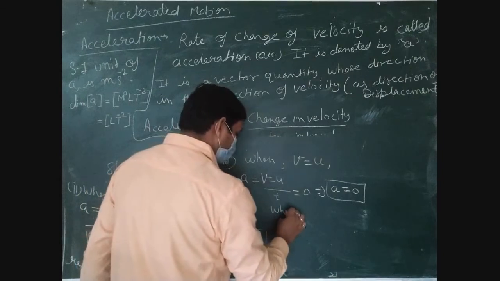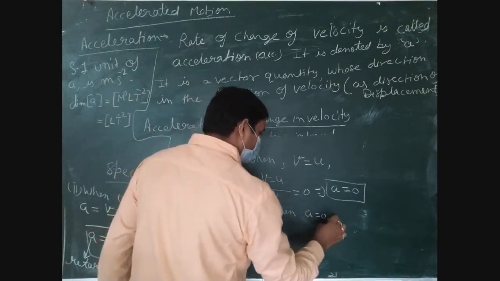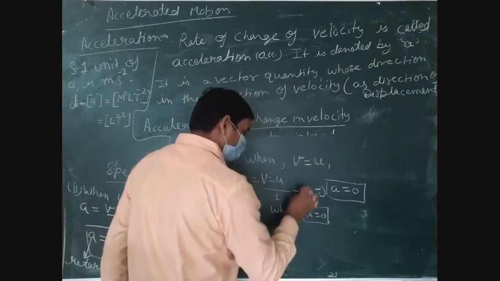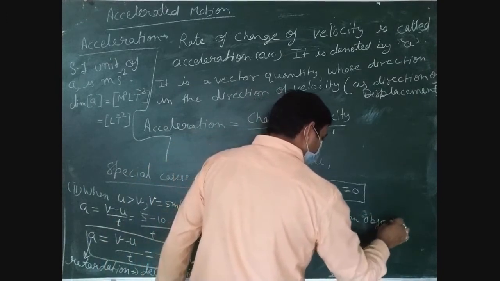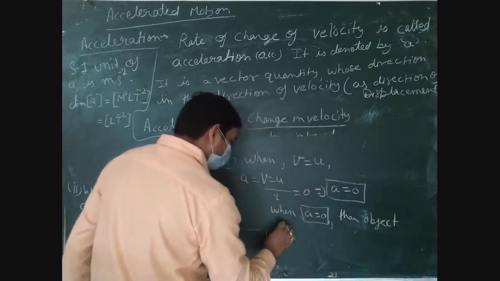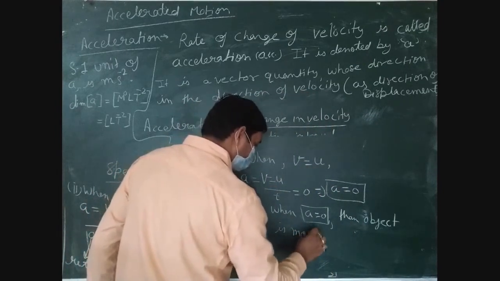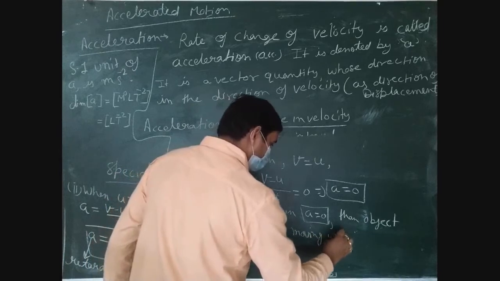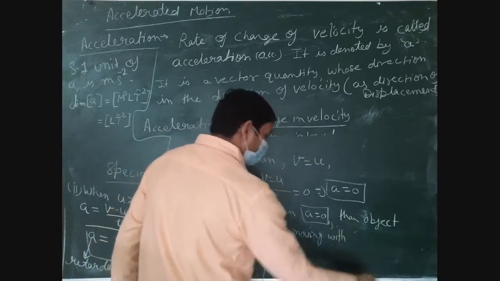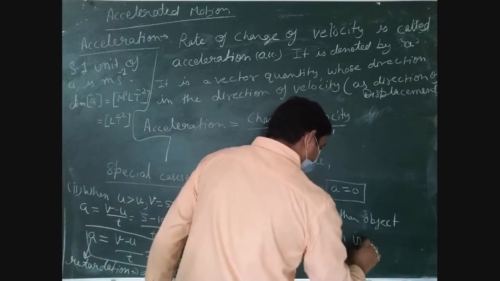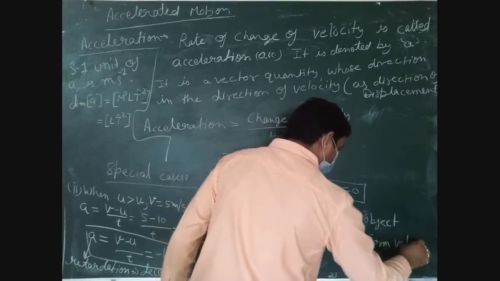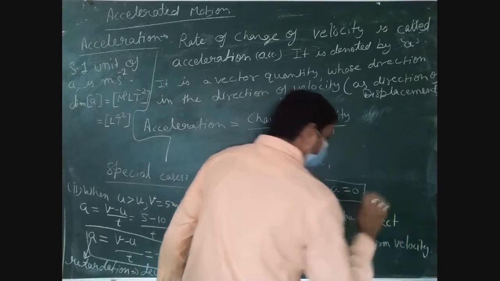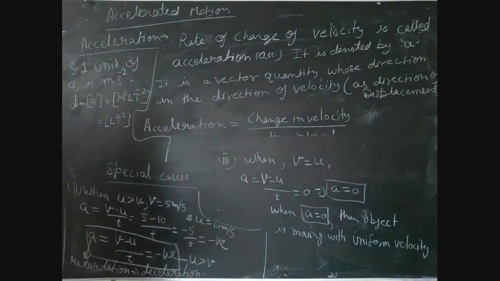When a is equal to 0, then the object is moving with uniform velocity. Okay, so this is about the accelerated motion.